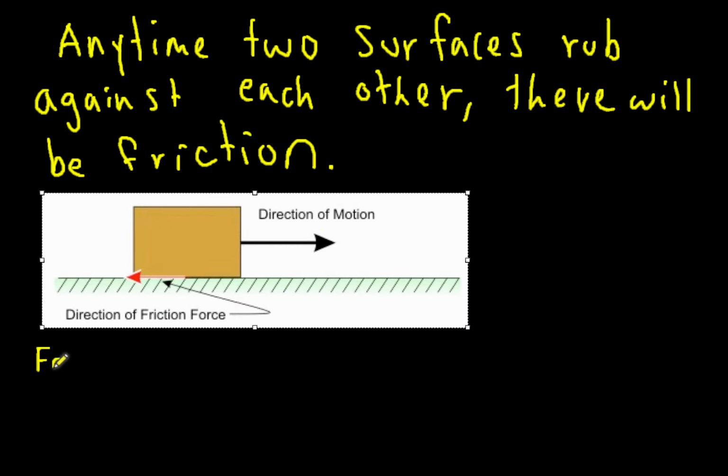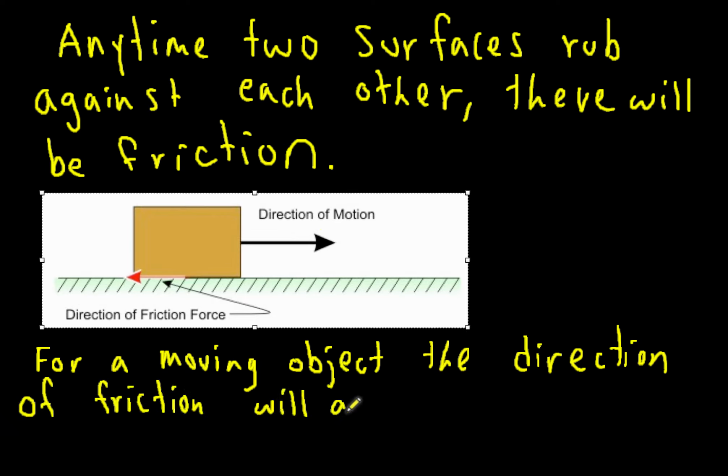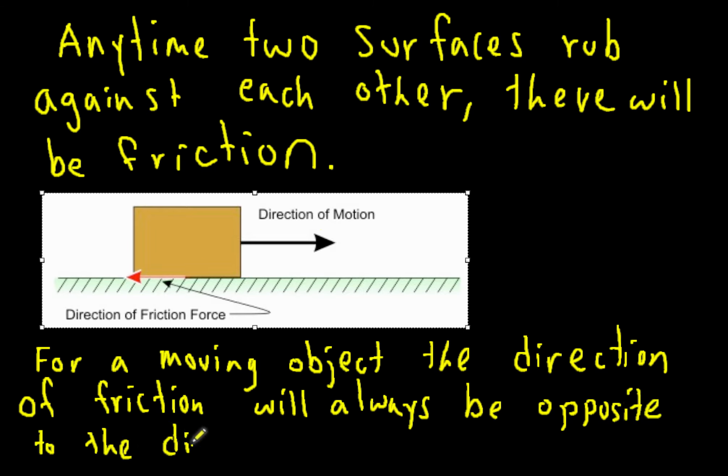At the microscopic level, this is due to the irregularities in the two surfaces rubbing against each other. For a moving object, friction is always in the opposite direction to the direction of its movement.